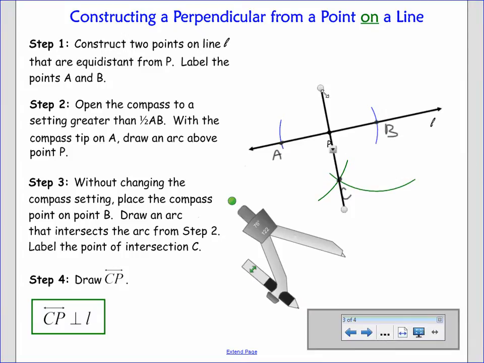Alright, so let's make sure it's going through here and my intersection point here. Alright, so mine looks pretty close. Probably at some point I got a little bit off, maybe didn't have my compass exactly on one of the points, and so it looks like I'm a little bit off from pure perpendicular, but pretty darn close.